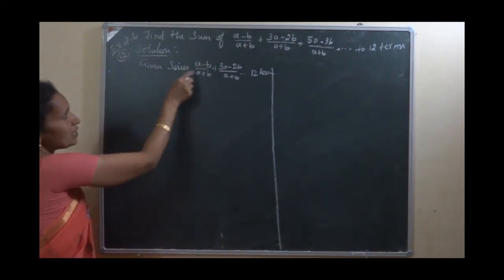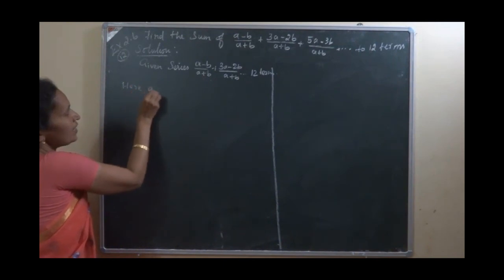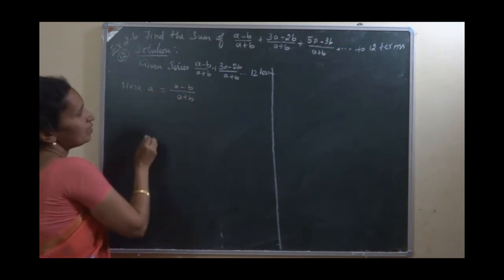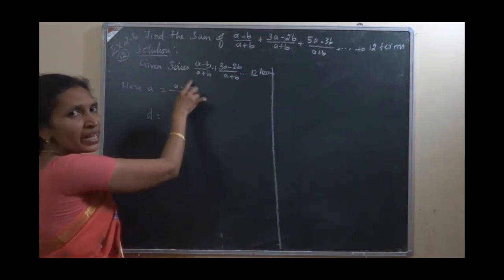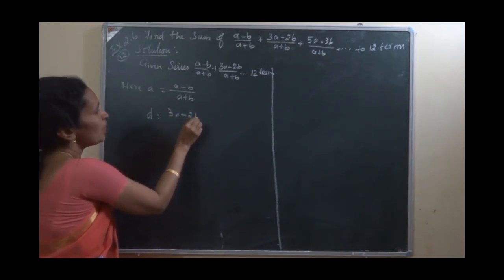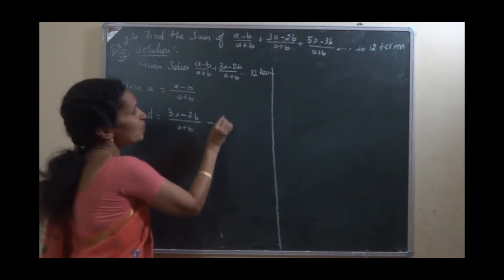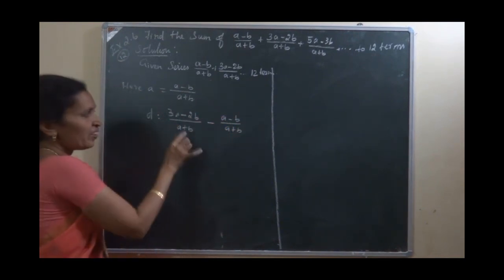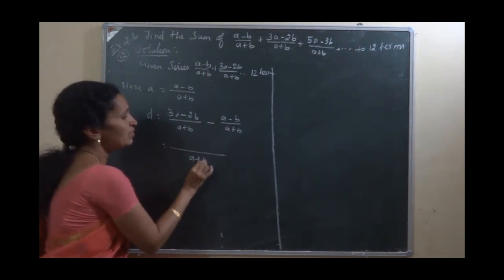Now identify. Given series is a minus b by a plus b, so first term a is a minus b by a plus b. How do you find the d value? d is the second term minus the first term. So 3a minus 2b by a plus b minus a minus b by a plus b. Common denominator, LCM a plus b.